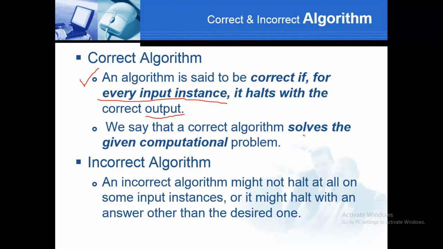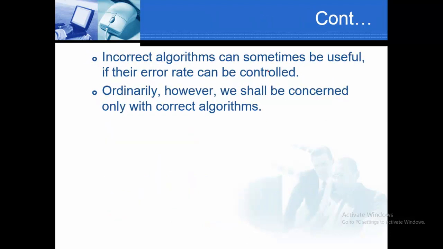A correct algorithm solves the given computational problem. If you provide an input instance and some inputs don't produce the desired output, we call it an incorrect algorithm. Incorrect algorithms can sometimes be useful if their error rates can be controlled. Ordinarily, however, we shall be concerned only with correct algorithms. In this subject, we will work upon correct algorithms.